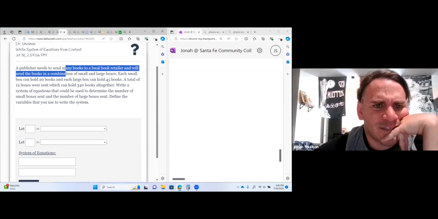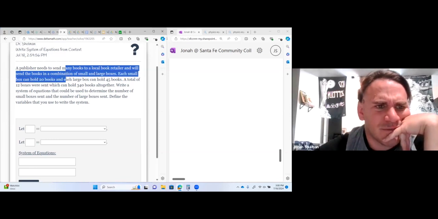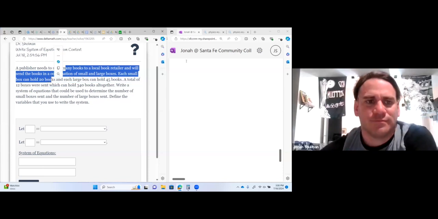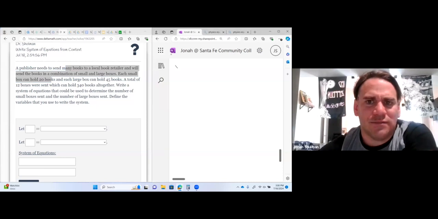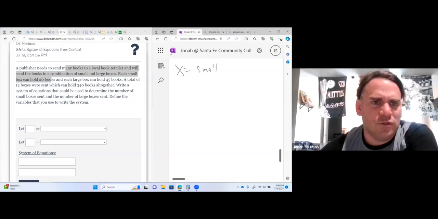A publisher needs to send many books to a local realtor. And we've got small and large boxes. The small box can hold 20 books. So we'll do X is small. We'll do Y is large. A total of 12 boxes were sent.